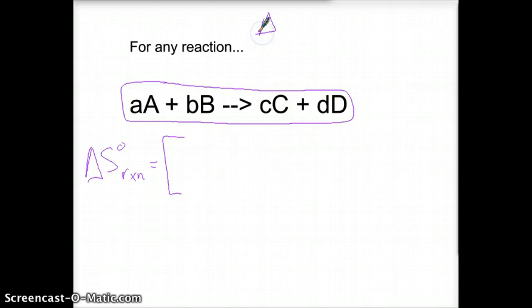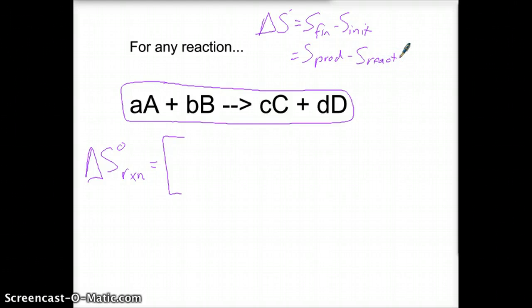So remember, anytime we want to calculate the change in something, like change in entropy, it is going to be the entropy final minus entropy initial, which in this case is entropy of the products minus entropy of the reactants.